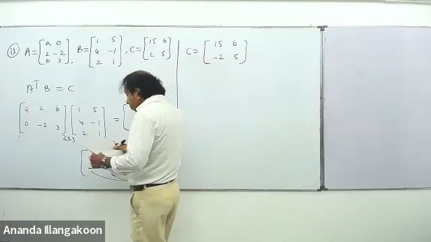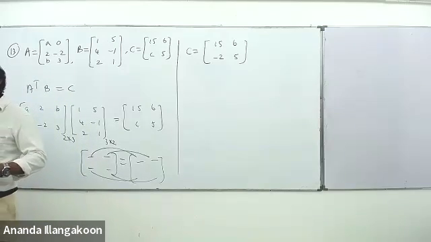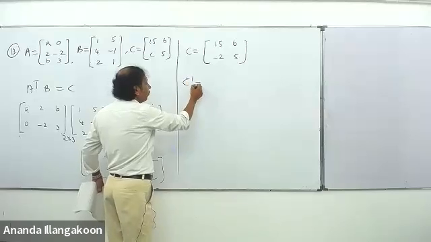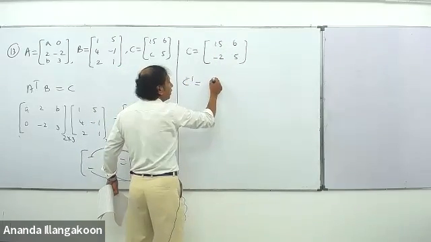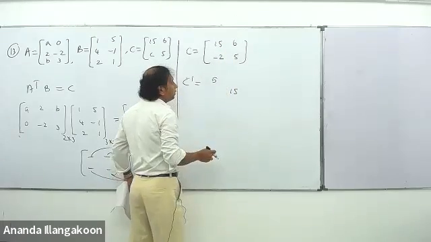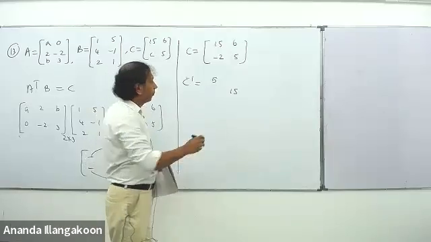Now, how to write C inverse? When you write C inverse, the main diagonal elements we exchange in position. The minor diagonal elements, without exchanging, they are multiplied only by a minus sign.